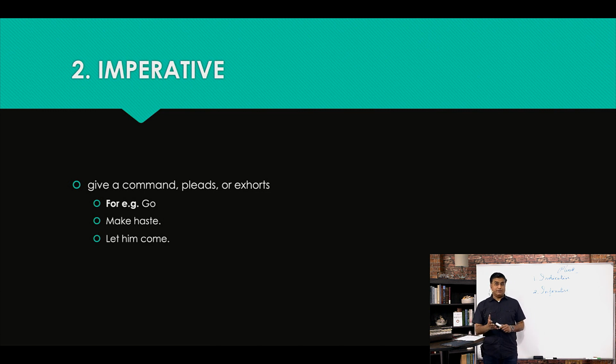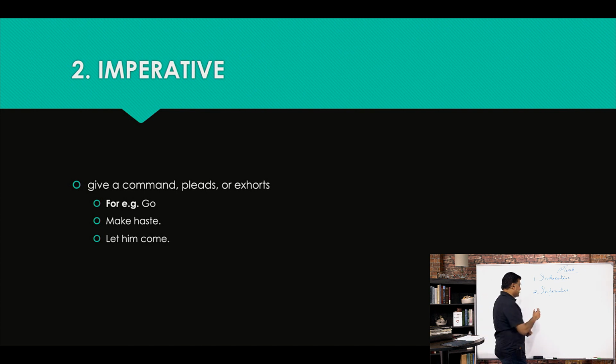Make haste. You're asking somebody to do something. Make haste. That is in the imperative mood. It's not a statement. It's not a question. Are you making haste? Well, then it'll be indicative. Let him come. Imperative. Okay? So that's the second mood.